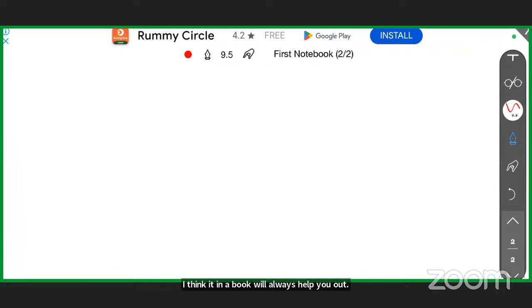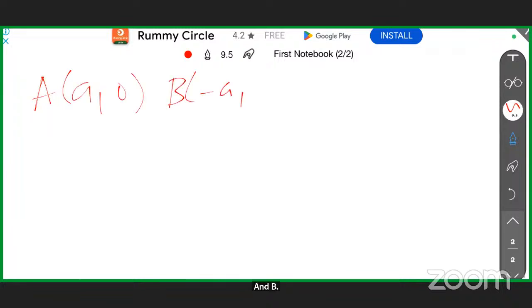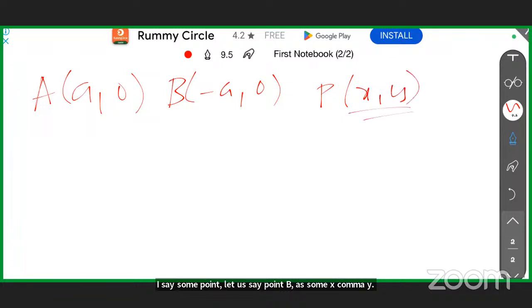So we go to the next question. Coordinates of points A and B are A comma 0 and minus A comma 0. There is a point P. Let us say some point P as x comma y. I am considering this point; it is not given in the question.